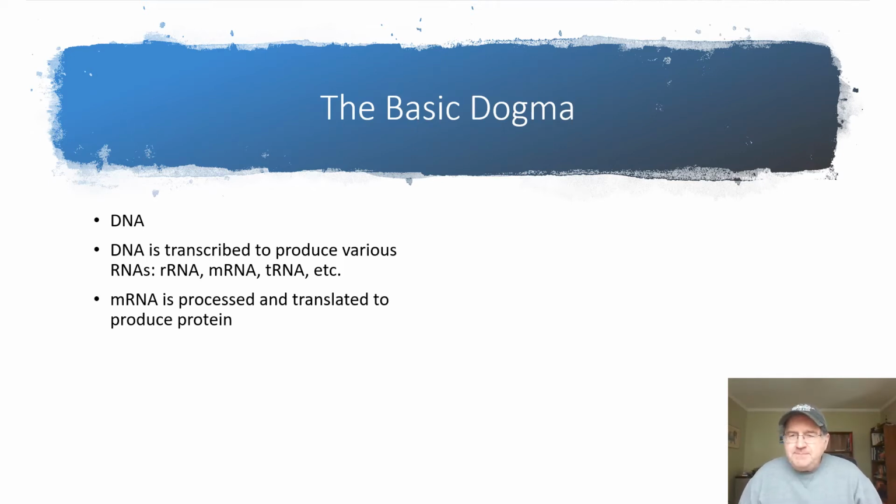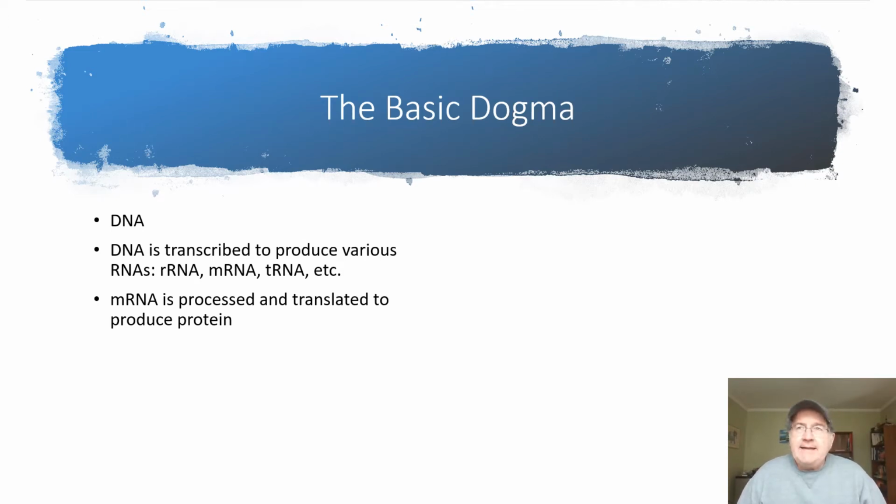But the basic dogma, basically since probably the 1960s or so, is that we start with DNA, and then that DNA is transcribed to produce various kinds of RNA. Ribosomal RNAs that go to make up the ribosome, messenger RNAs, which we're going to focus on in just a second, transfer RNAs, and then there are all sorts of new RNA species, if you will, that are being discovered these days, and we're trying to figure out what they're doing.